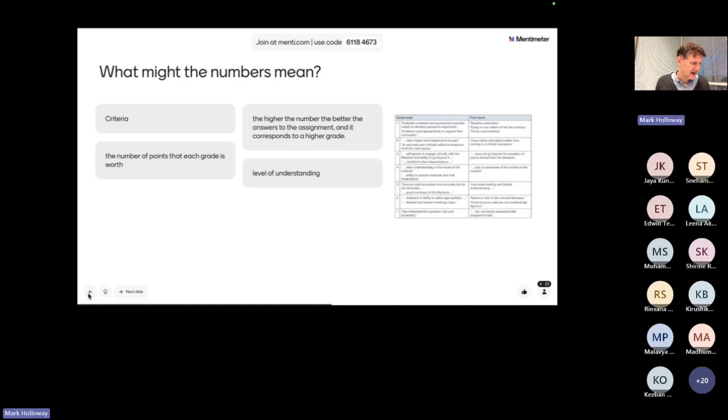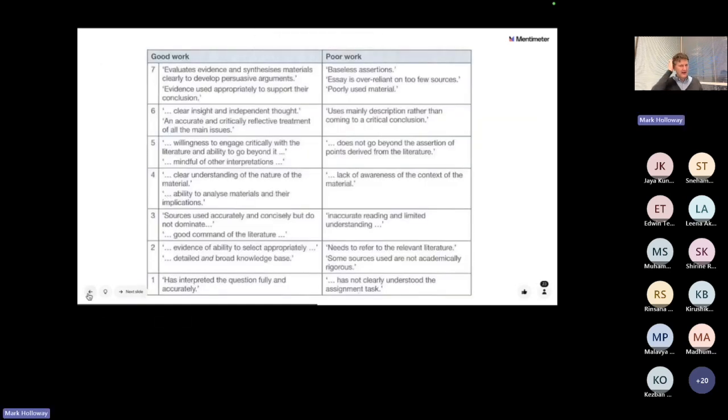Okay, I'm going to go back to the previous slide so that you can see it a bit more clearly. So what the numbers mean, the numbers are actually related to the stage in assignment writing. And this is really, really important. Number one, you'll see that in order to produce good work, you actually have to interpret the question fully and accurately. You have to understand the question you're being asked in order for any of the other things to follow.